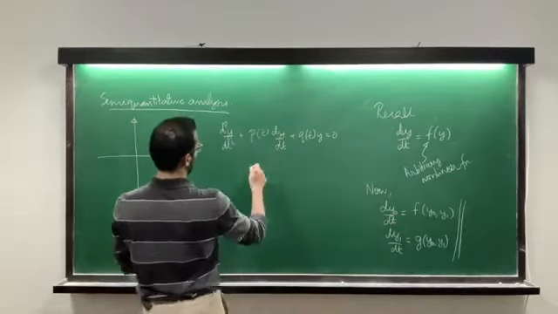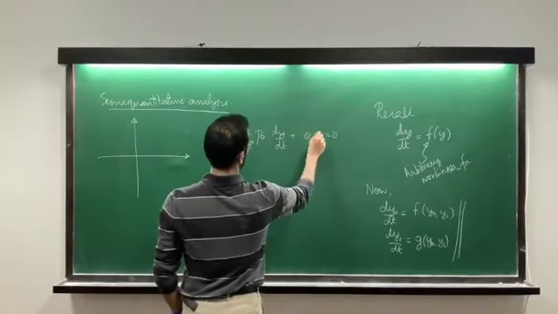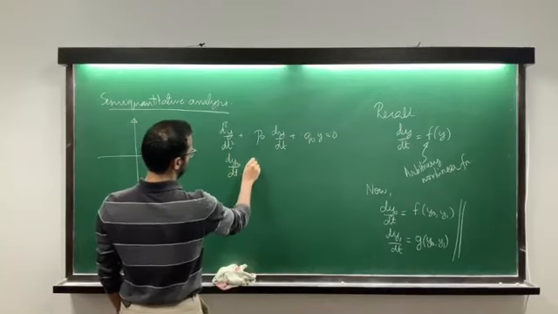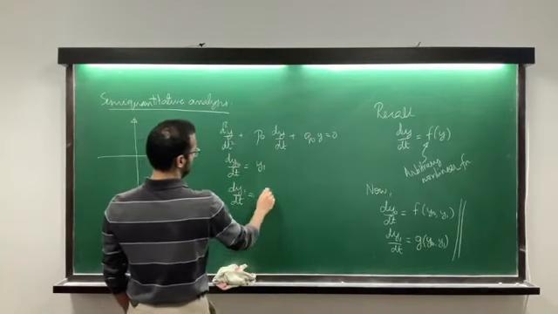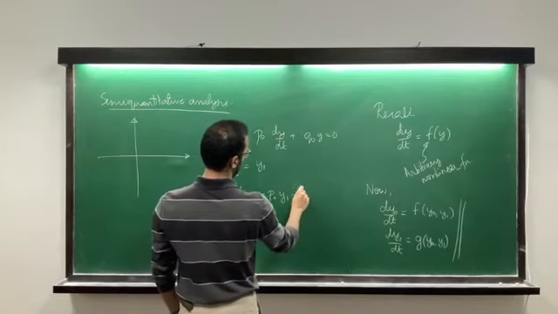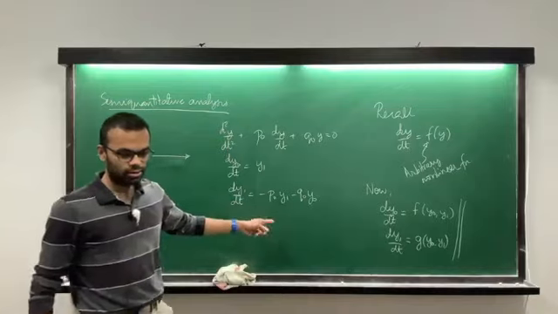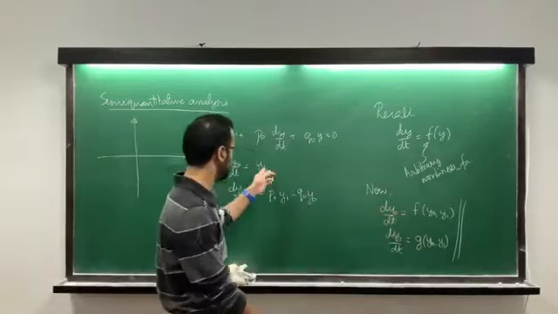If you had p0 and q0, then dy0 by dt is y1, dy1 by dt is minus p0 y1 minus q0 y0, right. So this is a special case of this, where the arbitrary nonlinear functions f and g are linear functions.